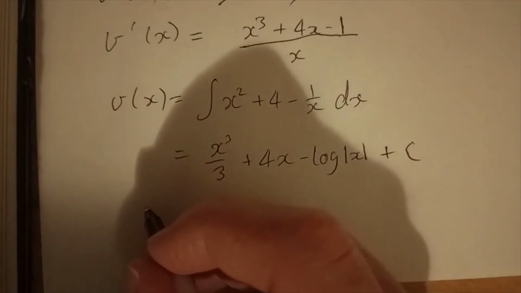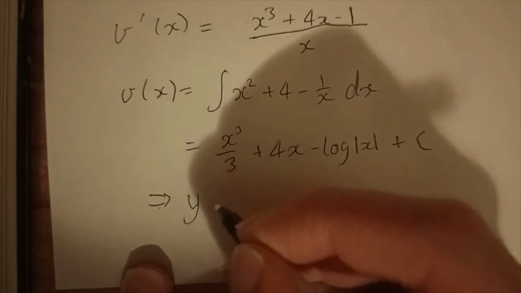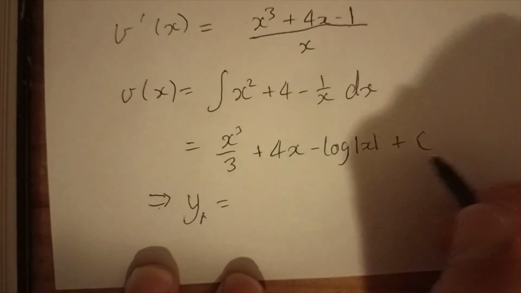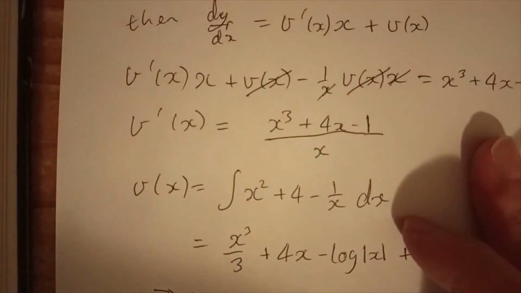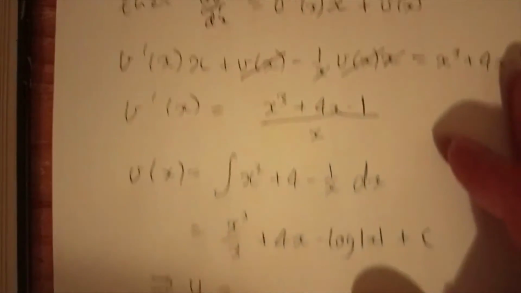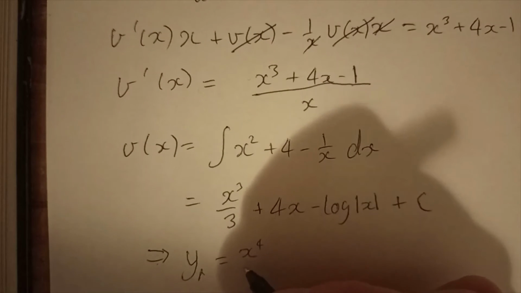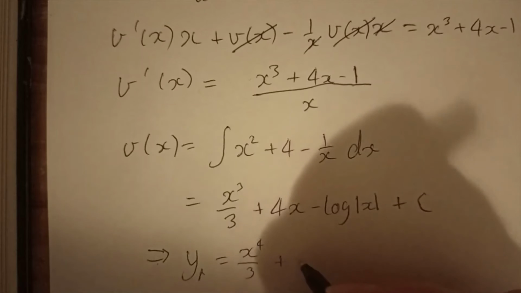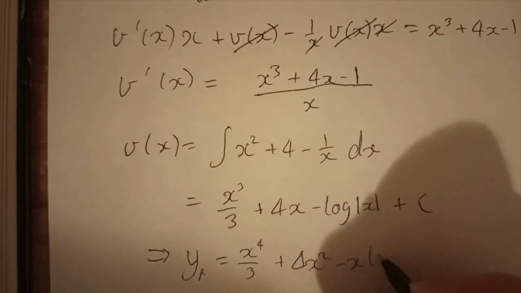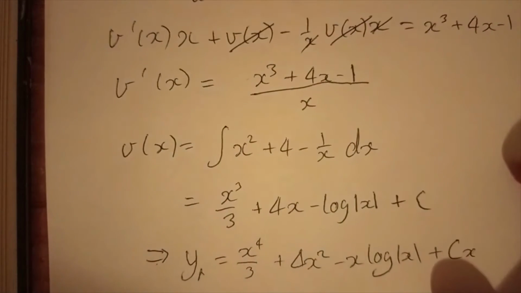So that means that therefore yp equals this whole expression times x, according to what we define yp to be equal to. That will be equal to x to the power 4 over 3 plus 4x squared minus x log x plus cx.